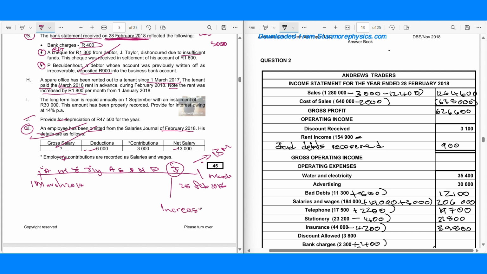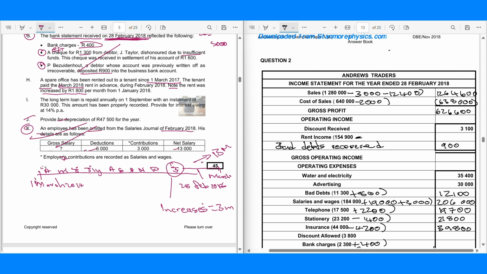So when you check, the increase was for how many months? From January until March. January, February, March is 3 months, right? So now we are going to use the formula. You are going to check your months before increase. Months before increase is from March until December, because we had the increase in January.